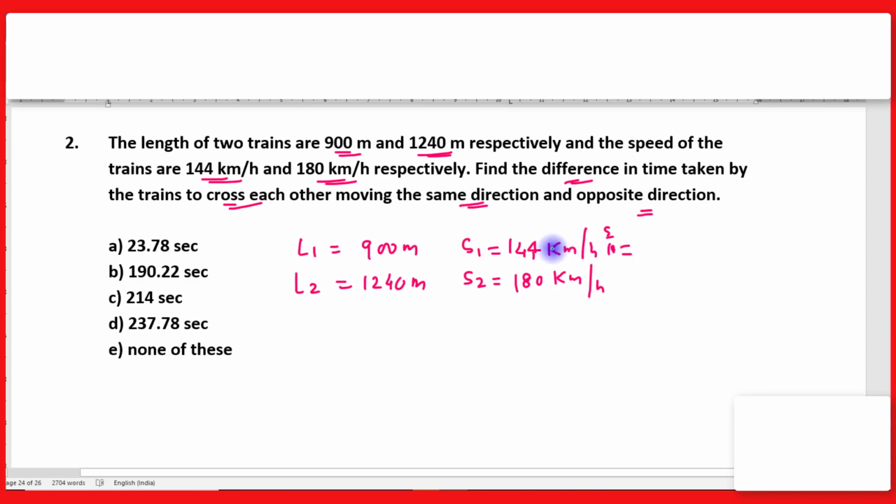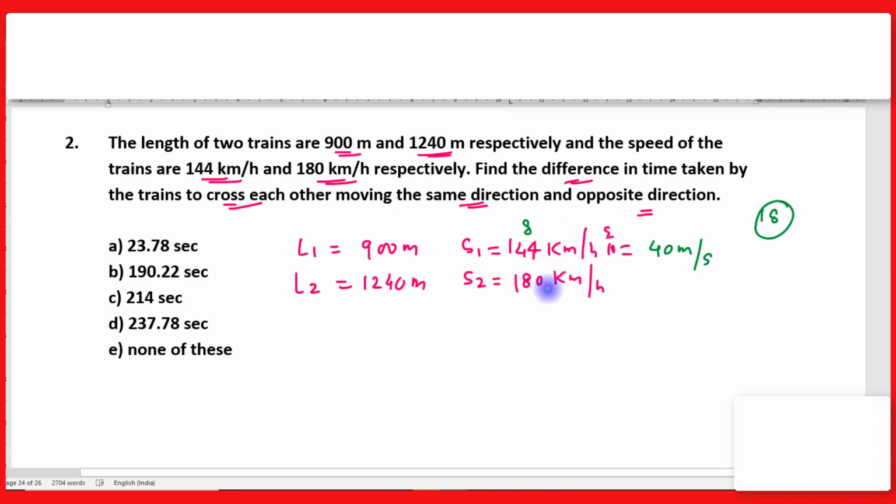So when we multiply 144 by 5 by 18, 18 8s are 144 and 8 5s are 40, and so the speed will be 40 meter per second. So friends, learn the multiplication table of 18 by heart so that you will do the calculations faster.